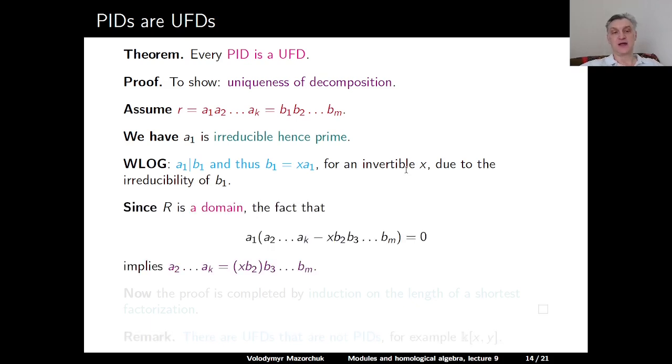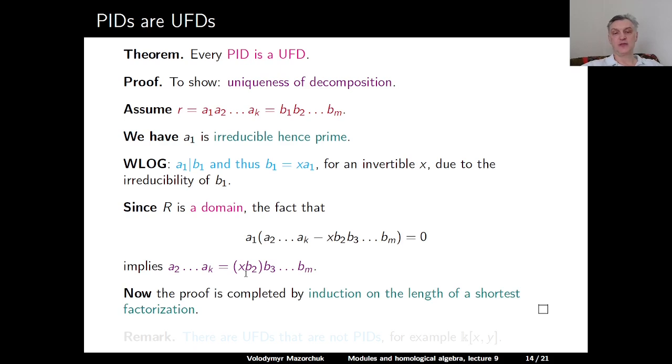And since R is a domain, we can now plug this into the expression, move to the left-hand side and take A1 out. So A1 is a non-invertible element, so this means that this product being equal to 0, the second factor should be 0 because we are in a domain, which means that the product of A2, A3, and so on AK is equal to the product of B2, B3, and so on Bm times our invertible element x.